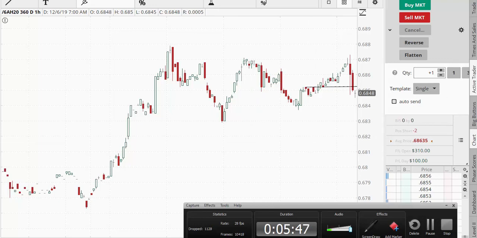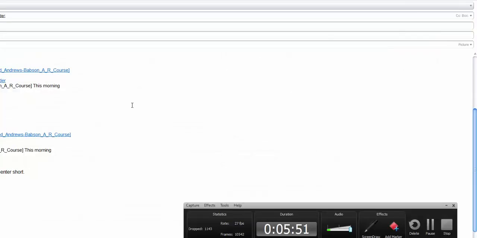Let's take a look at exactly what I sent out, so you have an idea. Early this morning at around 4:46, according to my email here, the group got an email. Hey, the only one that my focus is on is 6A, which is the Australian dollar versus US dollar. It will either fail or send a second chance to enter short.